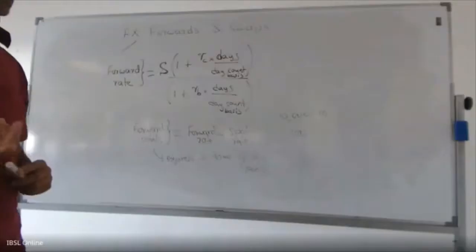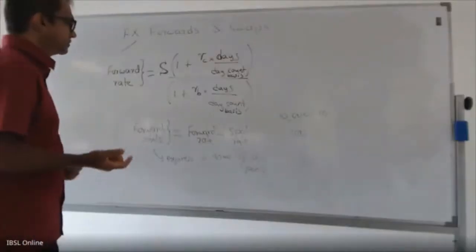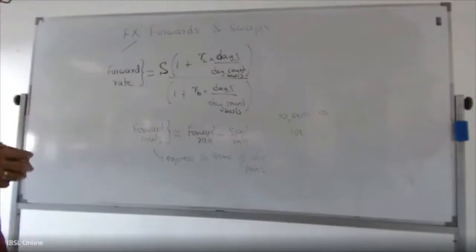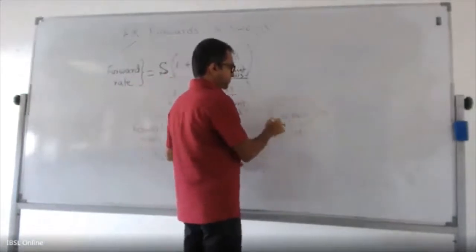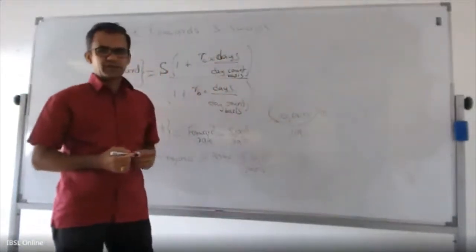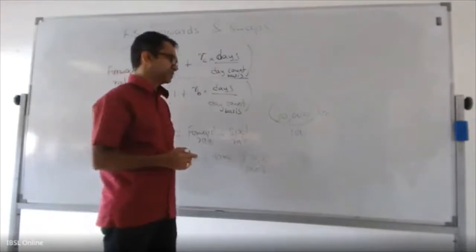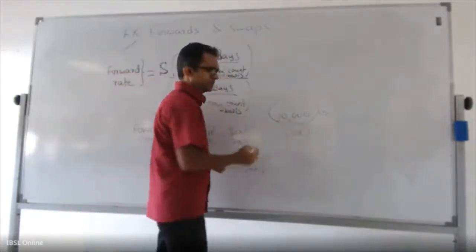When the exchange rate is expressed up to 4 decimal places, you use 10,000. For currency pairs with only 2 decimal places, we use 100.